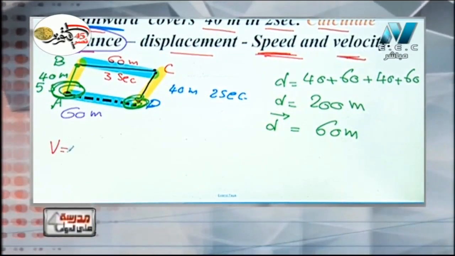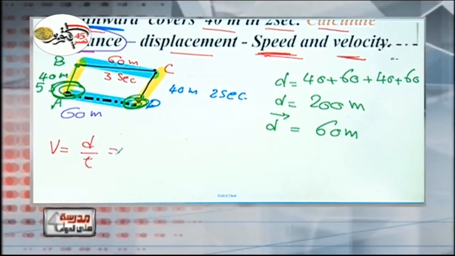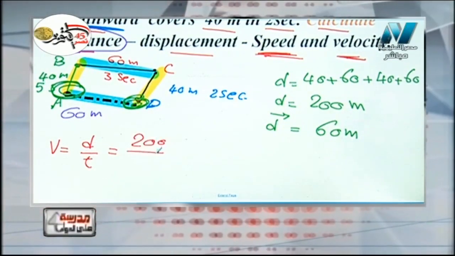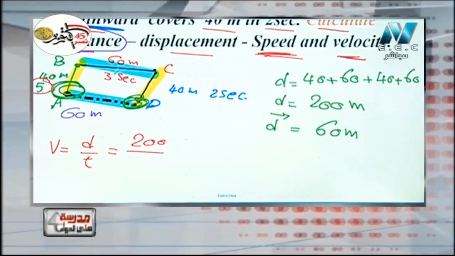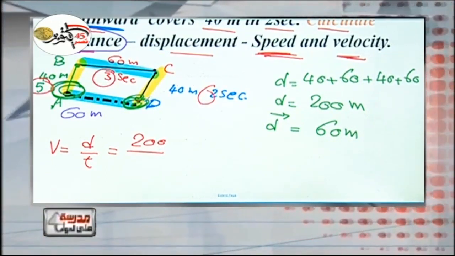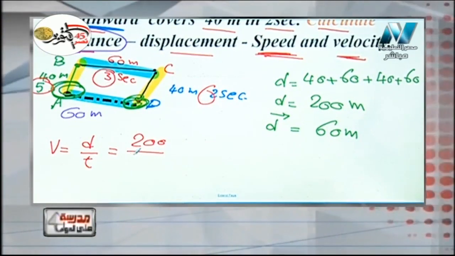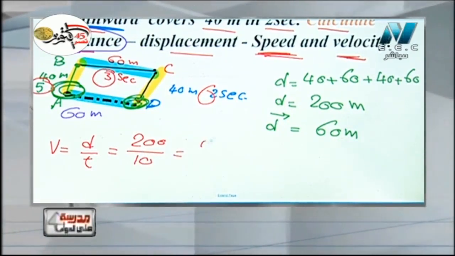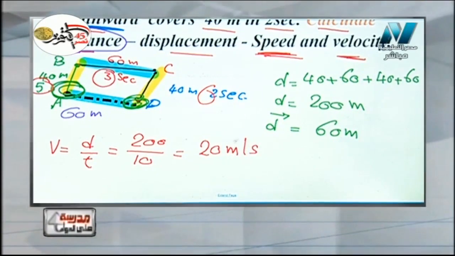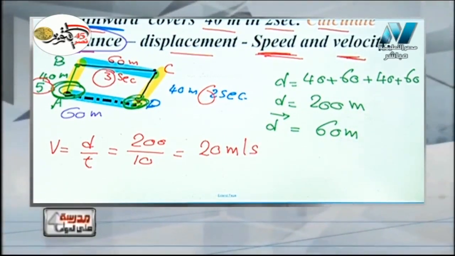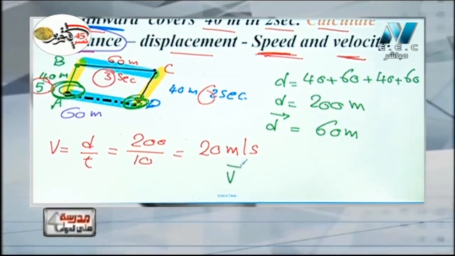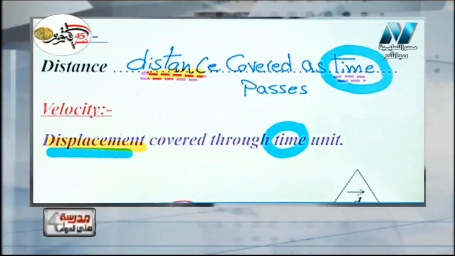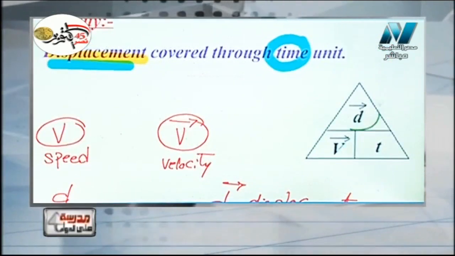Now we calculate speed and velocity. Speed: v equals d over t. D is the total distance, 200, over the total time: 5, 3, 2. 5 plus 3 equals 8, plus 2 equals 10. So 200 over 10 equals 20 meters per second. Now the last thing, velocity. Velocity equals displacement over time.